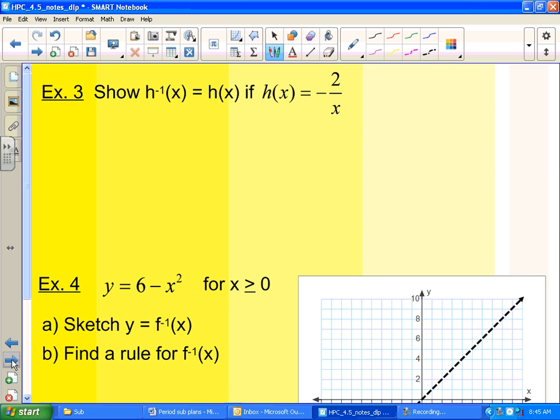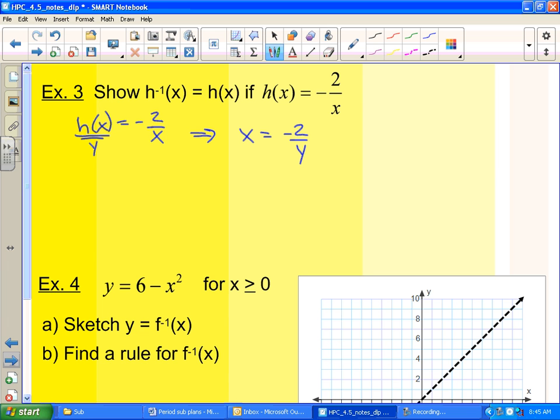And so in this process, again, I'm thinking that if an inverse means to switch the x's and y's, then I will take my original problem, h of x, which is equal to negative 2 over x, and I will switch my x's and y's, remembering that h of x is y. Then this becomes x is equal to negative 2 over y.